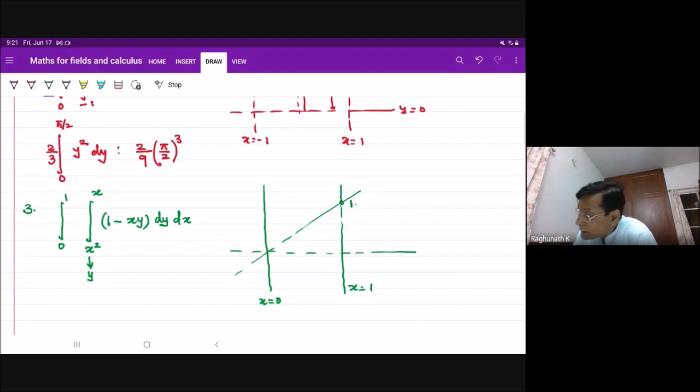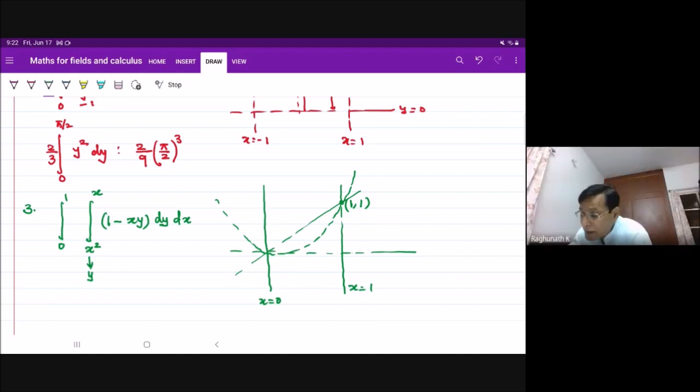This point is 1, 1. And then y is equal to x squared, right? Y is equal to x squared. What will happen? When x is below 1, x squared is still less than 1. Because of which it's a parabola actually, which stays below. But after 1, x squared is greater than 1.